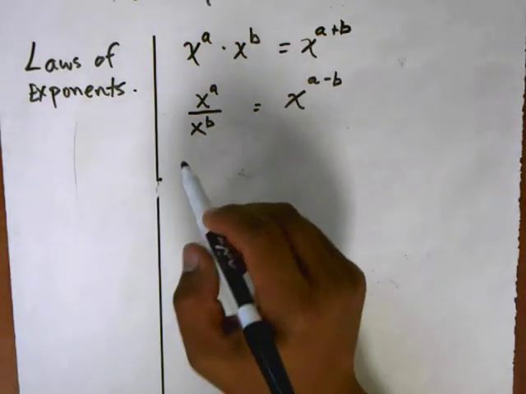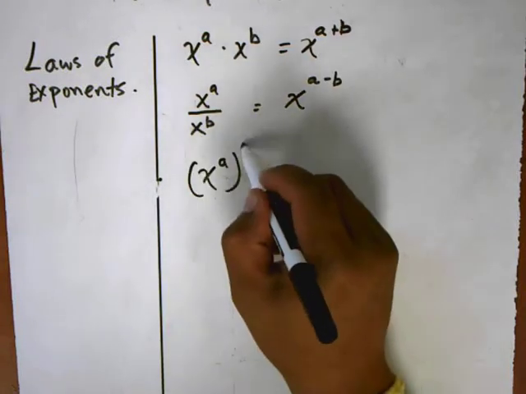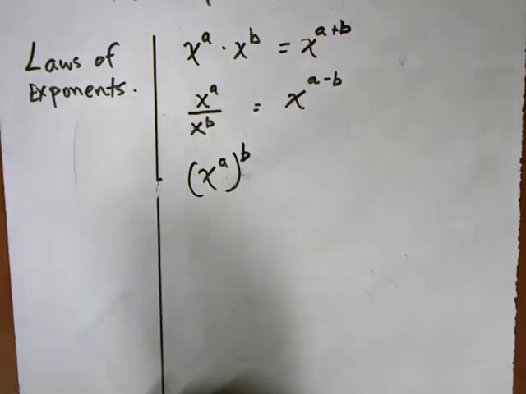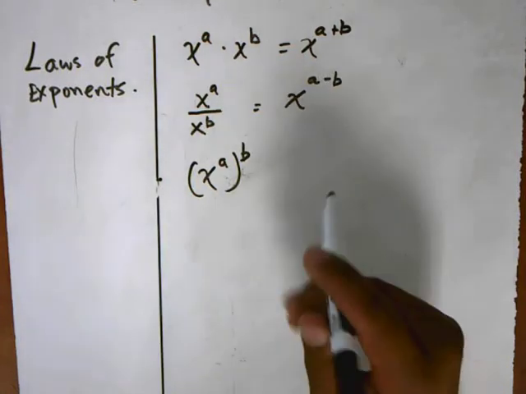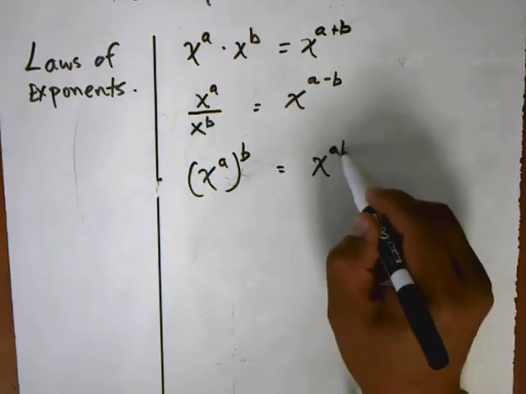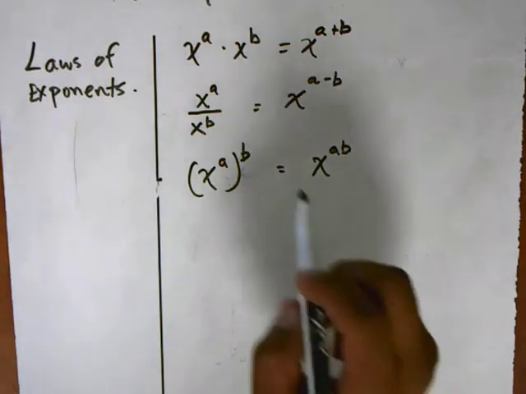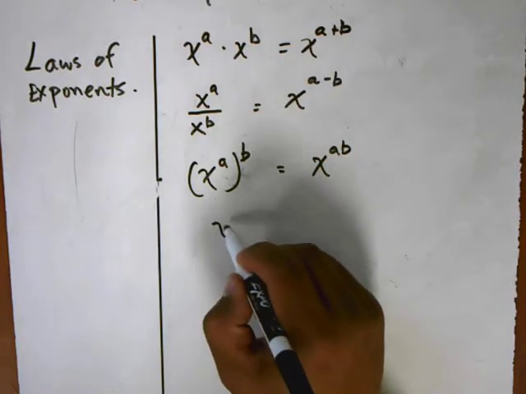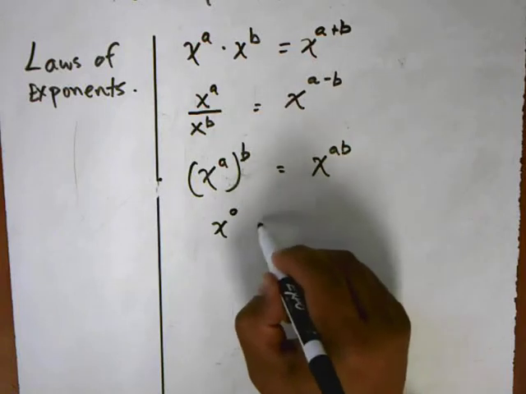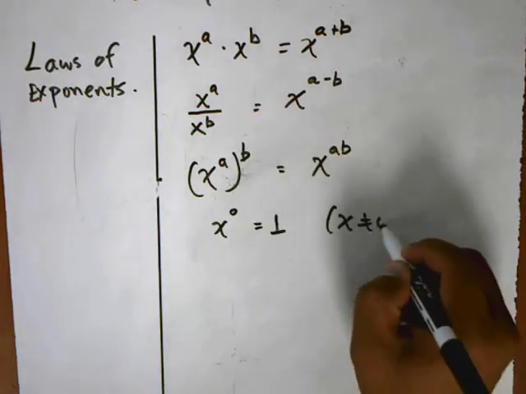Next, what if you have an exponent already, and the entire expression is raised to another exponent? So x to the a, raised to the b, that's equal to x to the a times b. Next we have x to the 0 is always equal to 1 as long as x is not equal to 0.